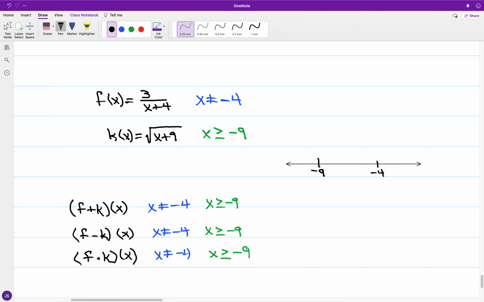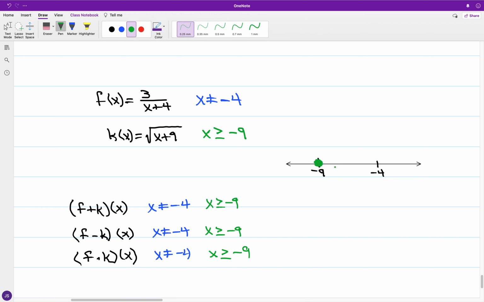Negative 9 is included, since x is greater than or equal to negative 9, so I'm going to have a solid point. And if I had just x is greater than or equal to negative 9, I would have a ray going continuously out to the right.